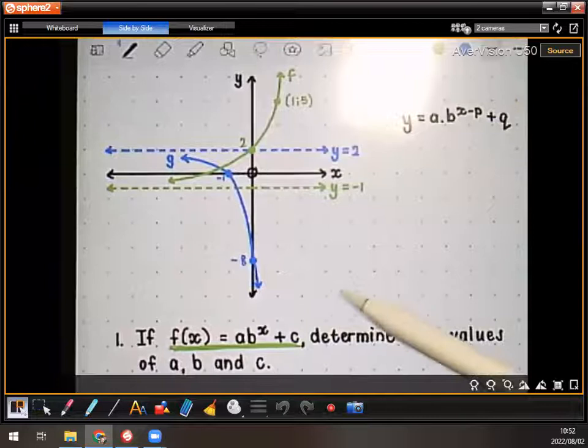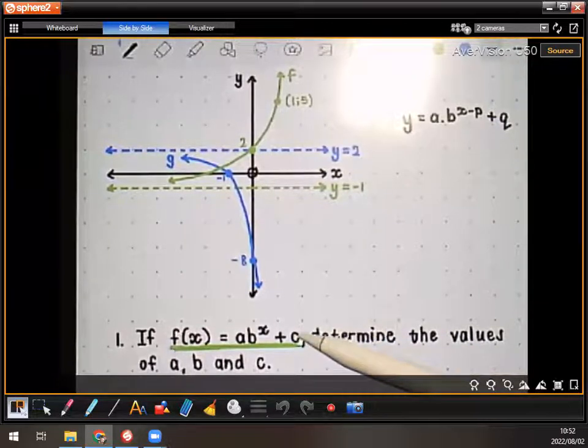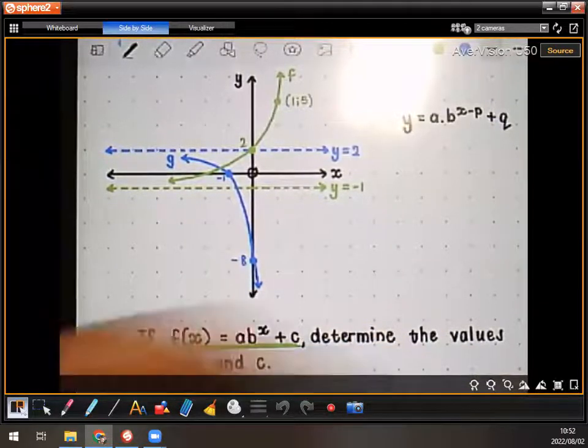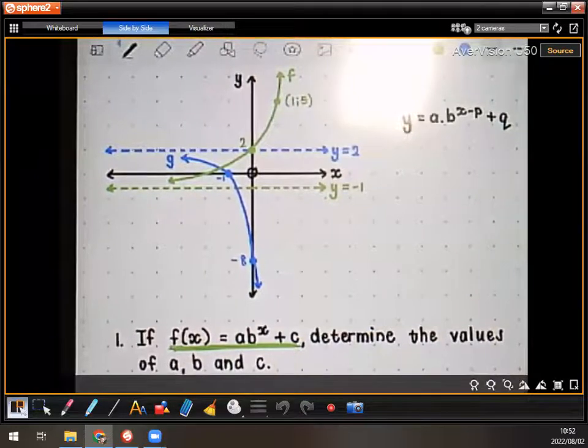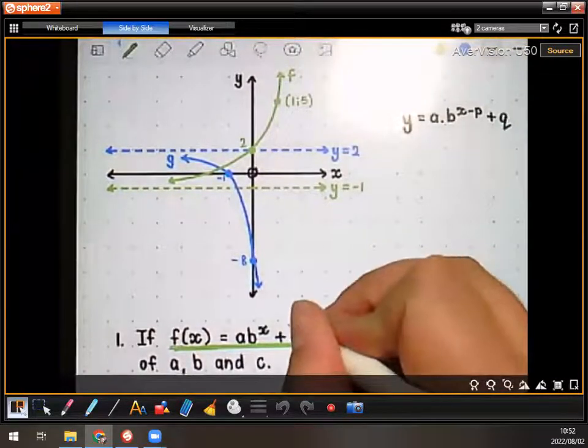But instead of q, they have used c. Guys, that doesn't change what it actually represents in the equation. What was q again in the equation of an exponential graph? It was the asymptote. Okay, so q was the asymptote. So now the q value has been replaced by c. But that doesn't change what c represents.